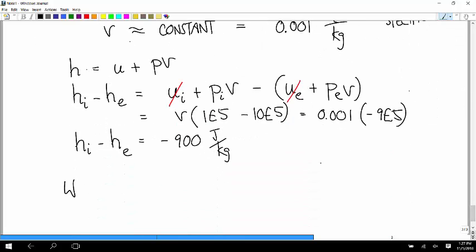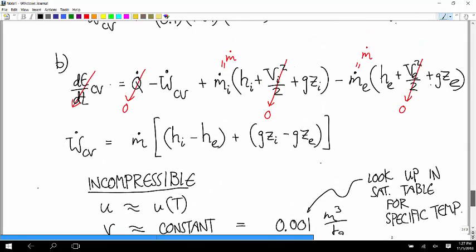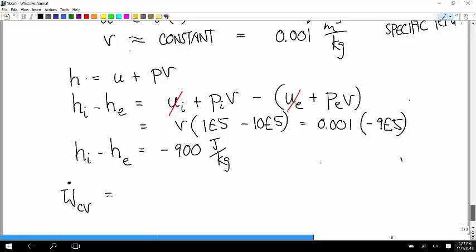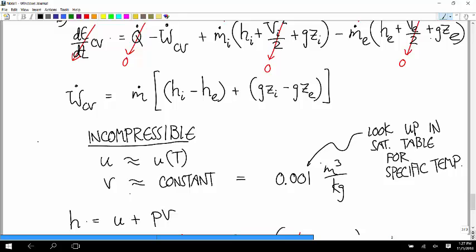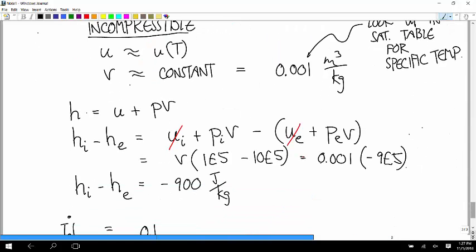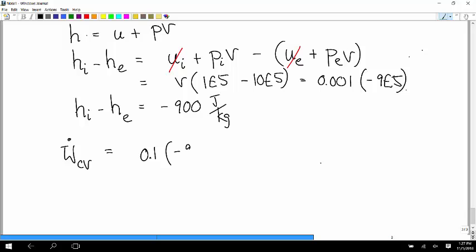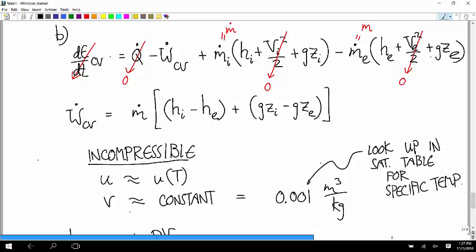And now we can put this back into the equation. So the work requirement is equal to the mass flow rate times h_i minus h_e. So that's times negative 900. And then plus m dot times the quantity, all this stuff.